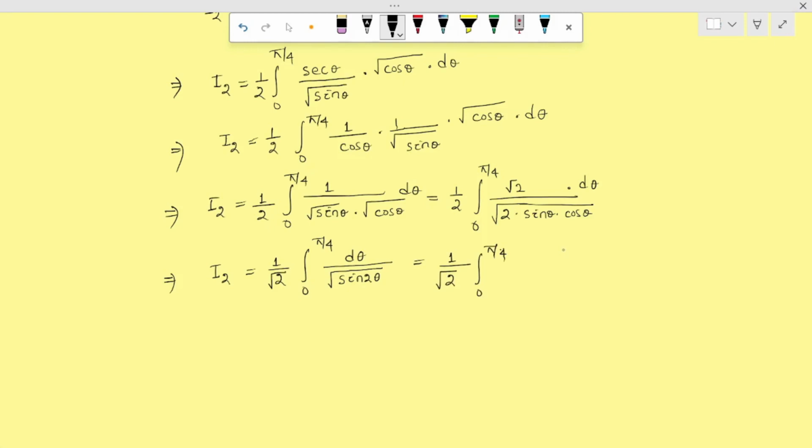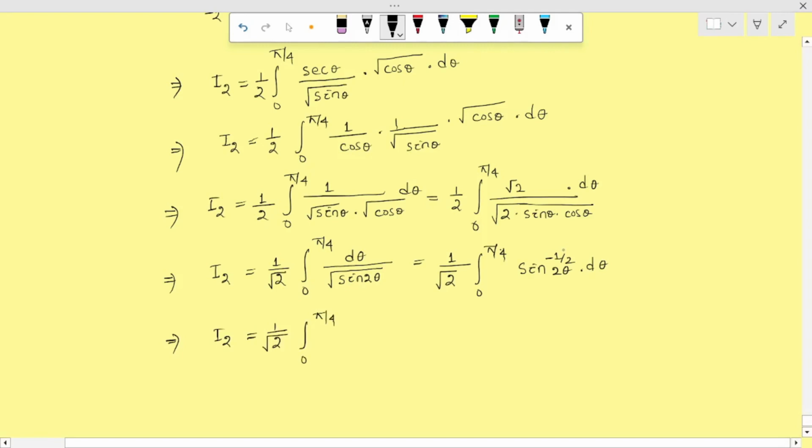Here the power is 1 by 2; if it goes to the numerator, it becomes sin to the power -1 by 2 of 2 theta d theta. That implies I2 will be equal to 1 by root 2, integral 0 to pi by 4 of sin to the power -1 by 2 of 2 theta into cos 2 theta d theta, I can write like this.